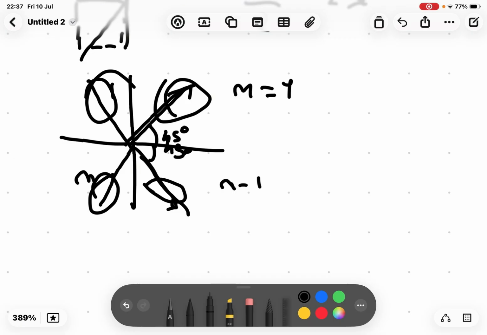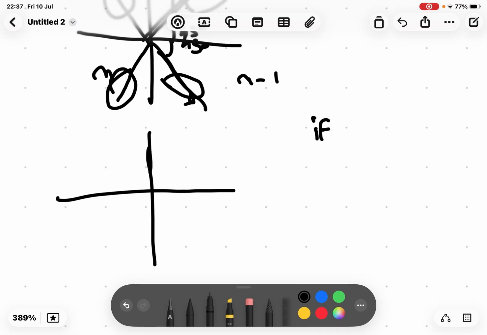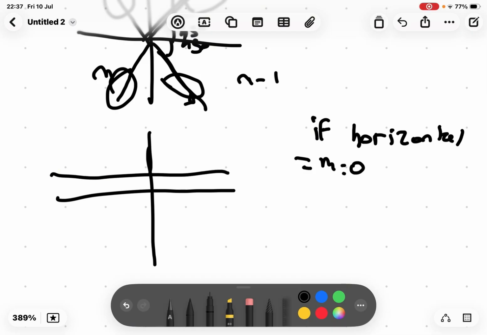Also, if the line is horizontal, the m will equal 0. If it's just like this, the m is 0.